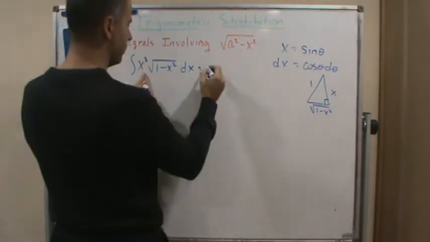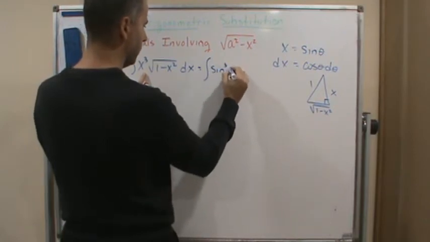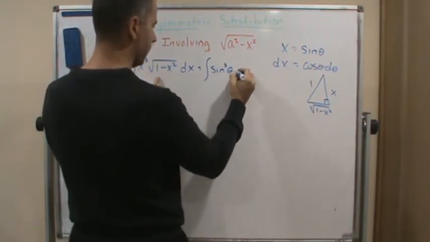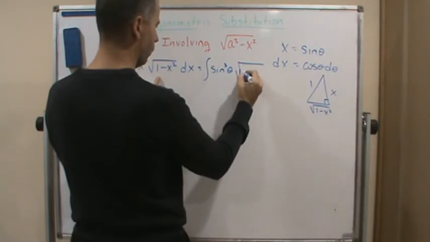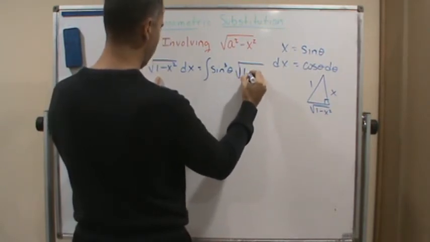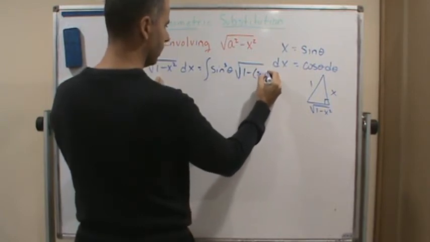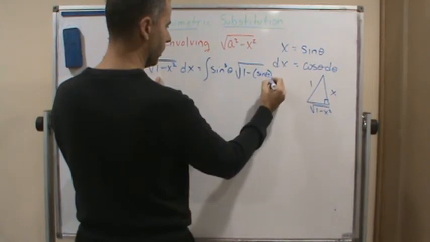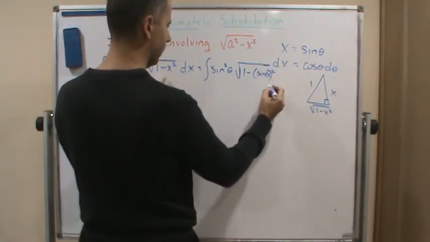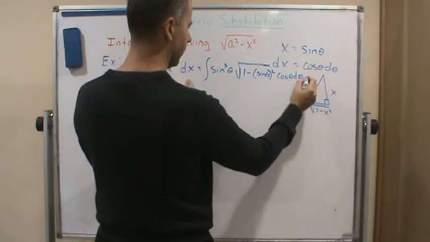And so now if I do this, let's do my substitution. Okay? So this is going to be the integral of sine cubed theta times the square root of 1 minus sine squared theta, right? And this is going to be cosine theta d theta.